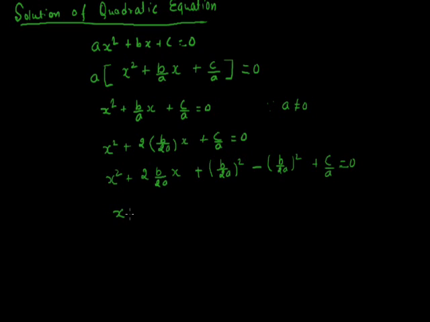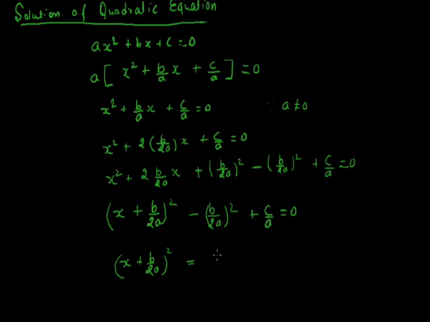So we can write x plus b upon 2a whole square minus b upon 2a whole square plus c upon a equal to 0, or x plus b upon 2a whole square is equal to b square by 4a square minus c by a.